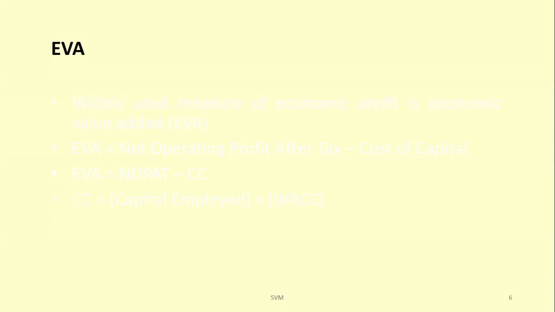Then we can directly calculate EVA, first multiplying the weighted average cost of capital, 10.05%, into the total capital employed, which is given as 20 lakhs. Then subtracting that from your NOPAT. So you may arrive at an economic value added of $299,000.